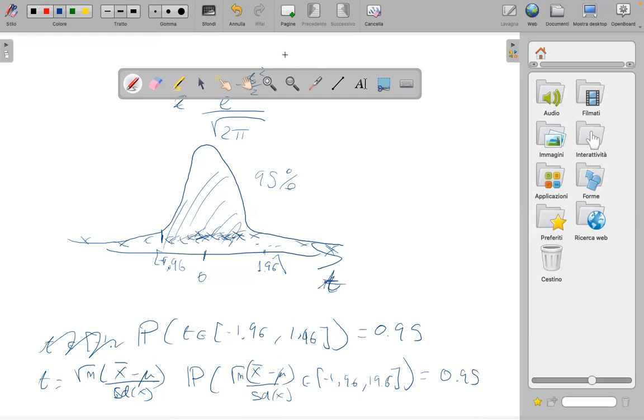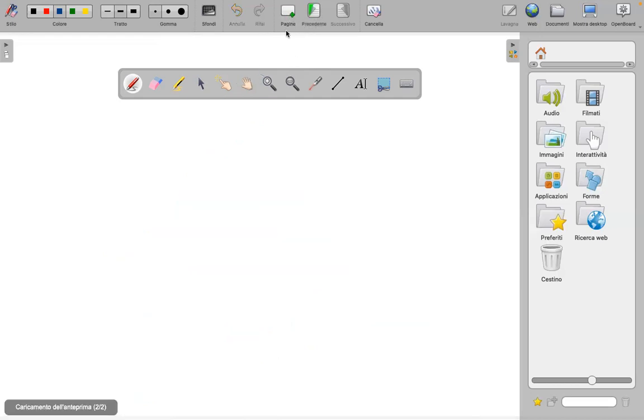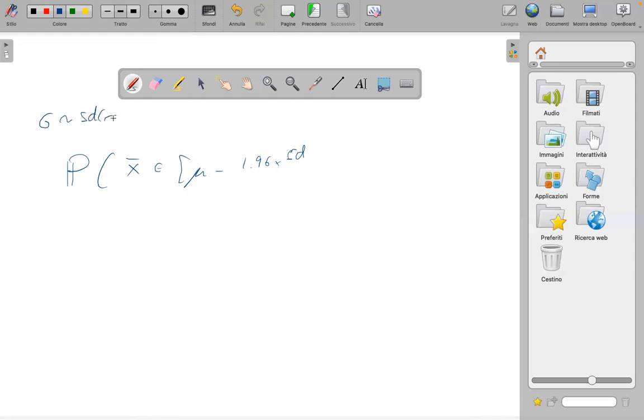At the end of the day, the probability that x bar is in mu minus 1.96 times the standard deviation, which we can take as sigma, the standard deviation of x, which we can approximate with the standard deviation of the sample.